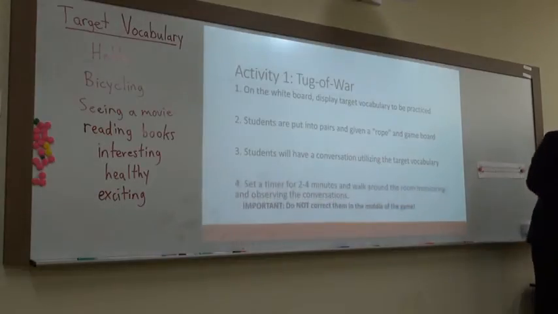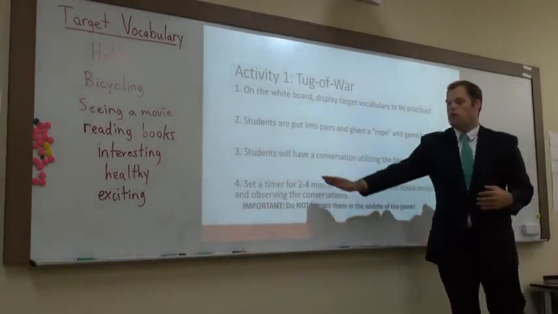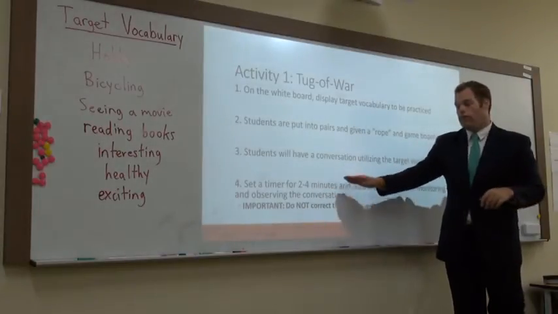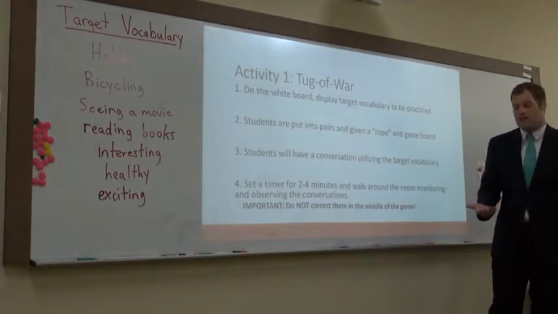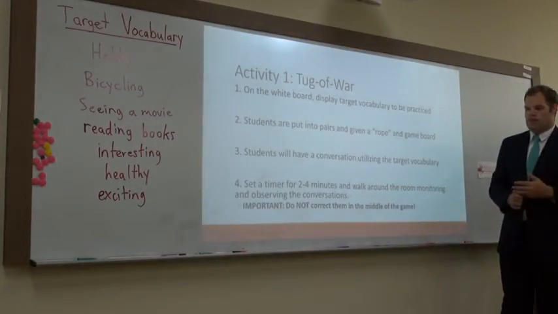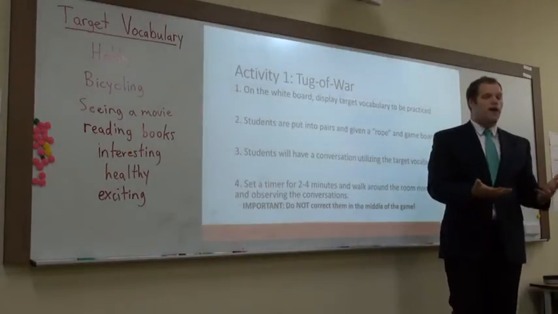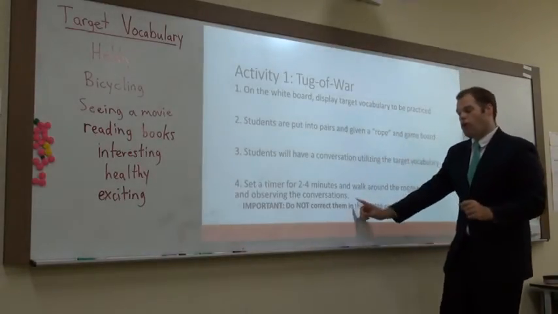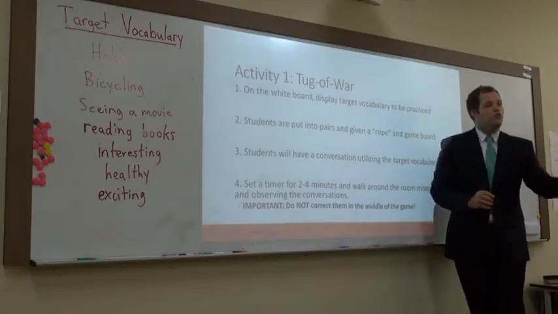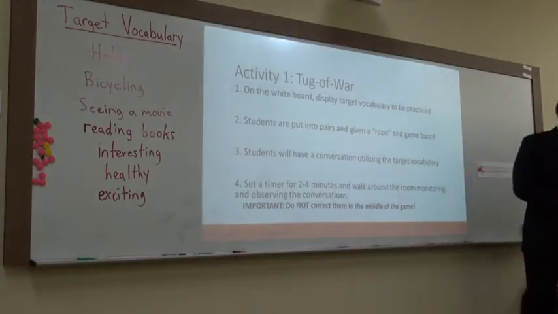While they are doing this, you will set a timer for 2 to 4 minutes, 2 minutes if they are lower level, 4 minutes if they are more advanced, and you will walk around the room observing the conversations, taking notes of the common mistakes made by your students. It is important though, do not correct them during the game, and I will explain why after.